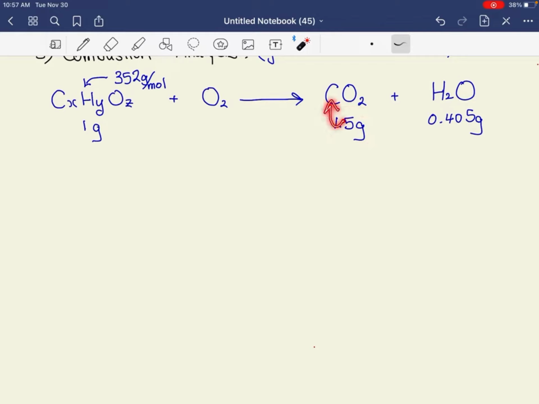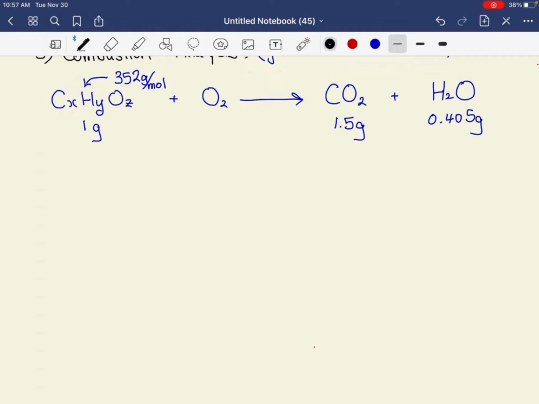Now, this is something that we've done in previous lessons before. We want to find how much carbon in carbon dioxide was the carbon in the fuel. Because if you think about it, all the C in the fuel went on to become C in carbon dioxide, right?